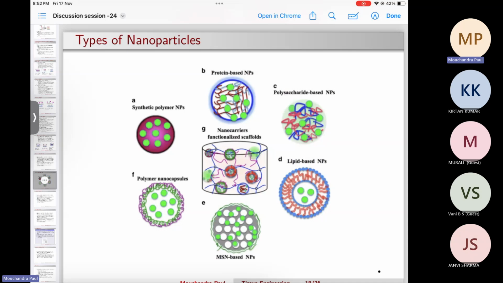So we are not encapsulating the growth factor, we are rather encapsulating growth factor loaded nanoparticles within the scaffold. So these two, G and F, we are not discussing.